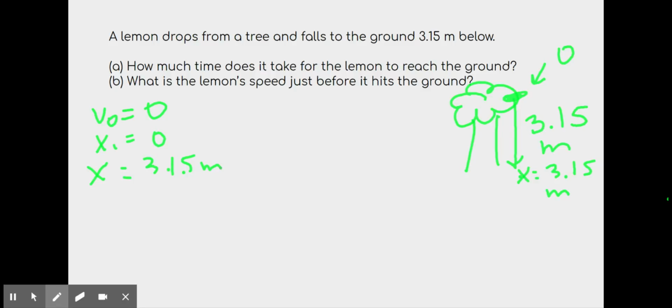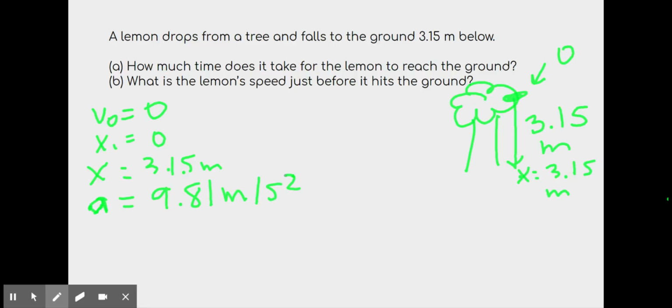So if it's falling, if it's in free fall, what else do we know? Well, we know the acceleration, and the acceleration is going to be due to gravity, 9.81 meters per second squared. And it'll be positive this time because it is working in the same direction as the lemon is falling.